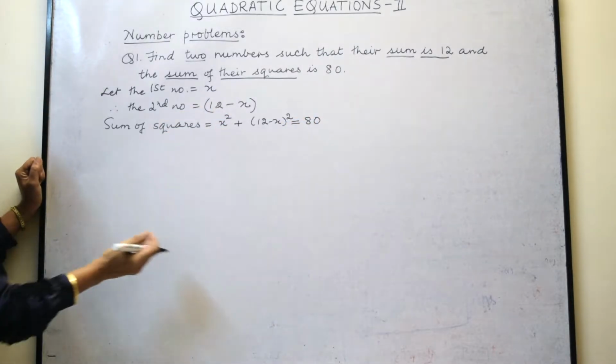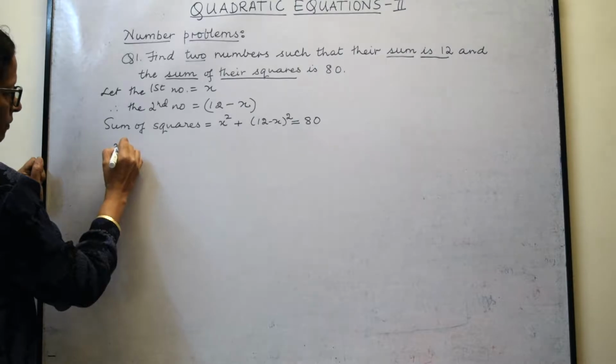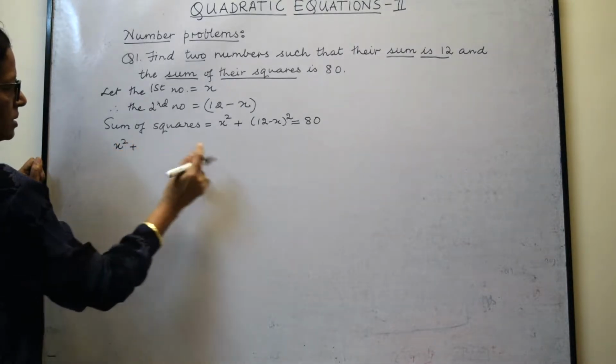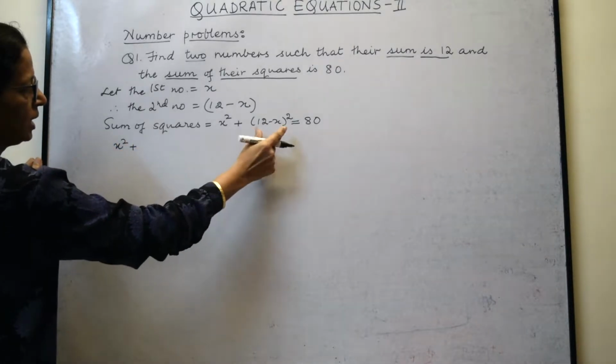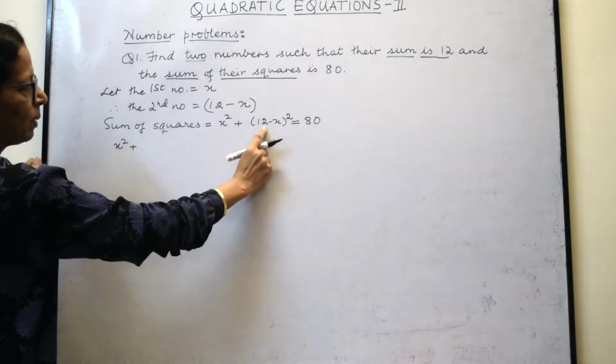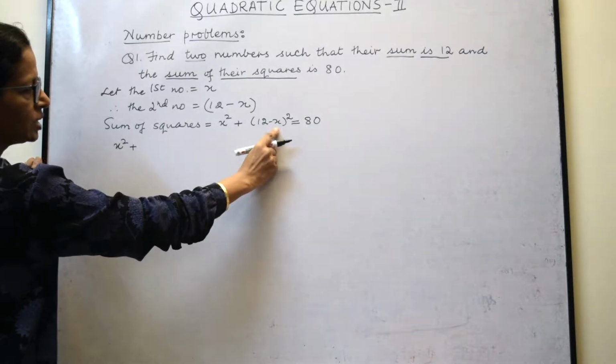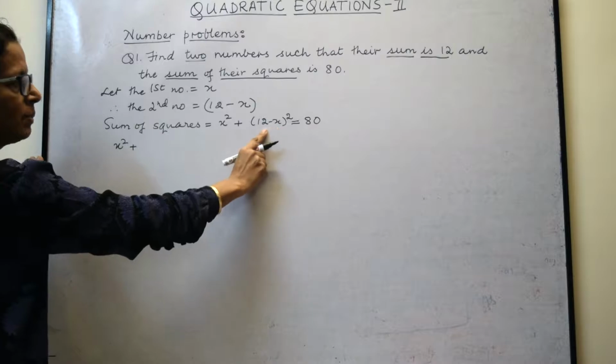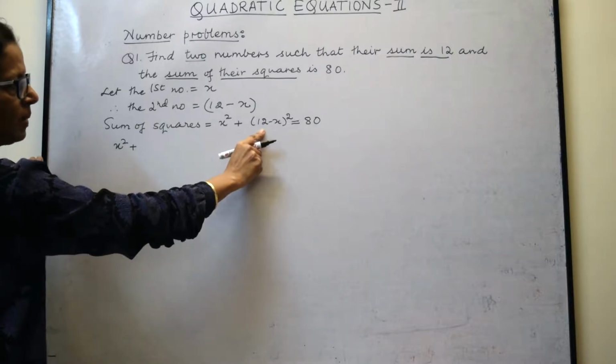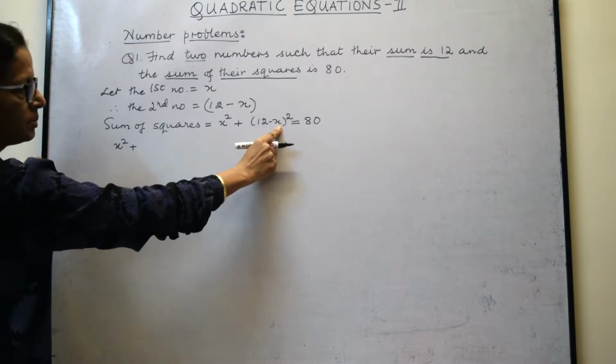Now all you have to do is open the brackets. We will write x squared plus, this is a binomial and the square of that. So we apply the formula a minus b whole squared. What is a minus b whole squared? A squared minus 2ab plus b squared.